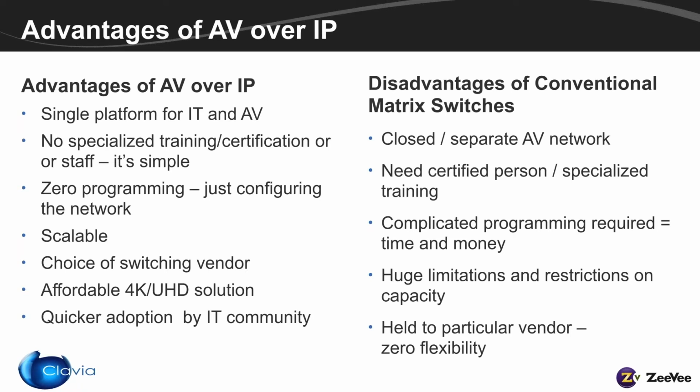The advantages of AV over IP are, number one, it can be a single platform for IT and AV. You could keep the AV as a separate switch to your IT if you want, but there's no reason why it can't sit on the same network as your IT. It means you can do away with the specialized training and proprietary technology you need at the moment to install that type of solution. It's now, get trained on one thing, and that's Ethernet.